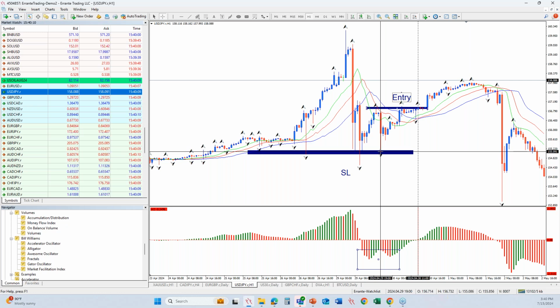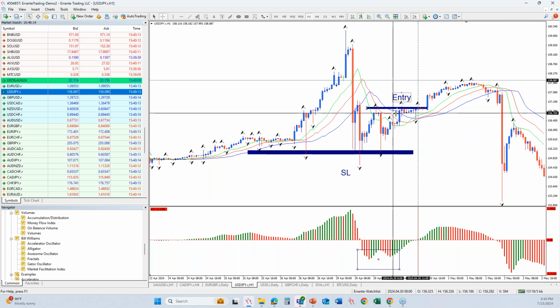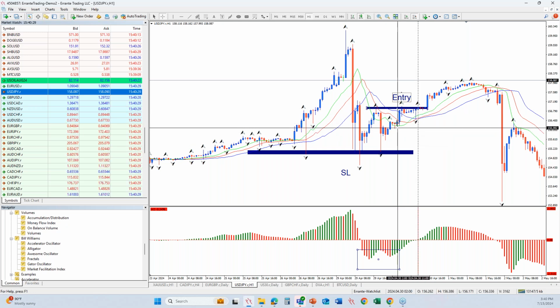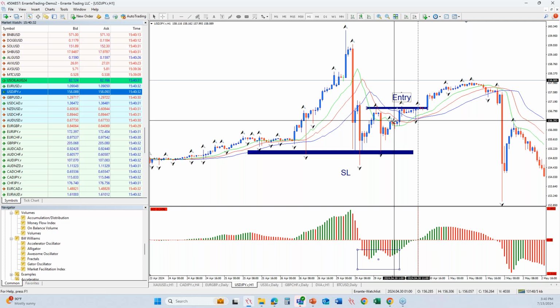In that case we can't be 100% sure that the market is getting out of the alligator's mouth. So that might give you a better risk reward, but it can decrease the accuracy of the signal at the end of the day.